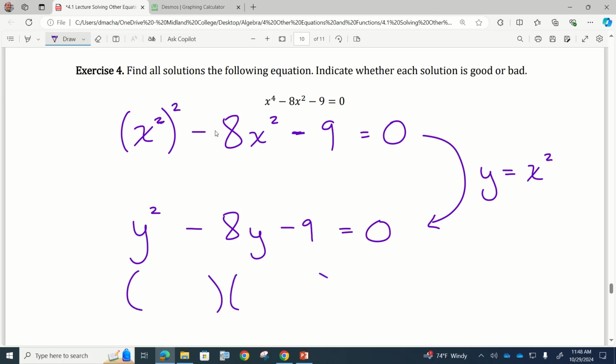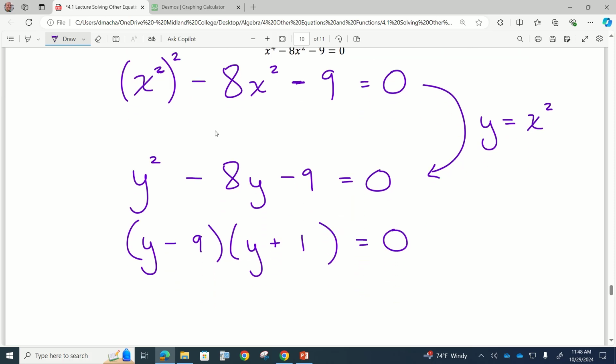This one factors really nicely, as y minus 9 and y plus 1. And that means I have a solution that's y equals 9 and another solution of y equals negative 1.